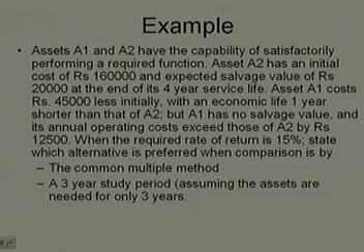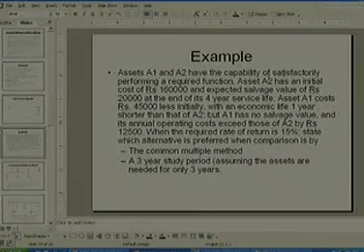In unequal lives, I solved the same problem which we did it for present worth using 2 methods. First one was common multiple method or repeated project methods, and second one was basically the study period method.